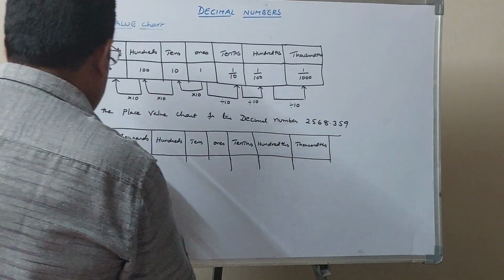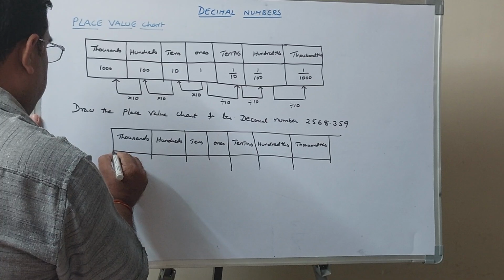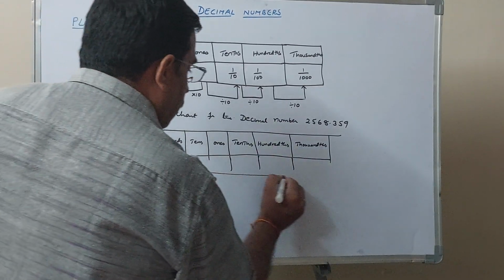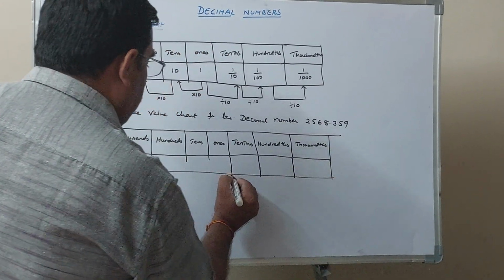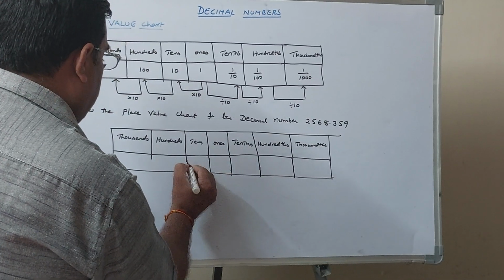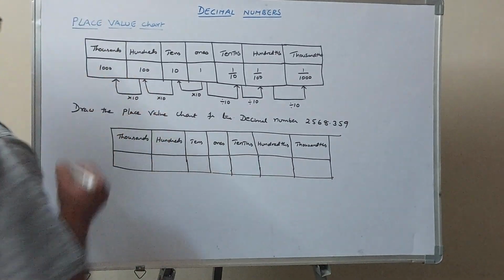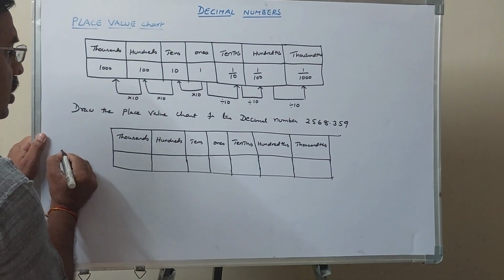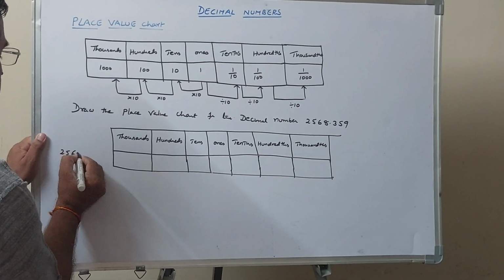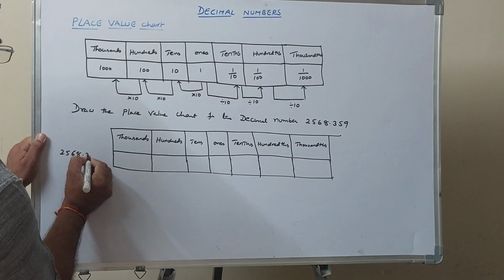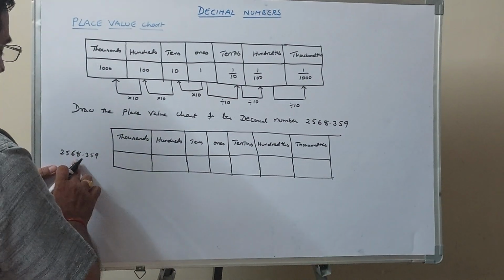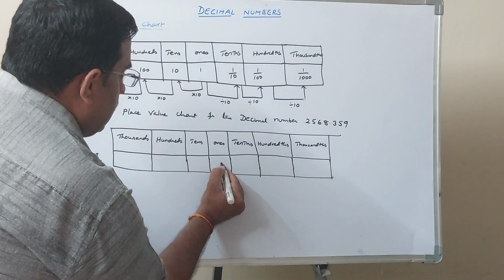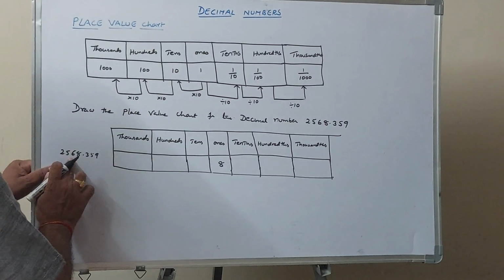So how to write this one? Here given is 2568.359. So in the ones place, what do you have? 8. So ones place is 8. Tens place is 6.